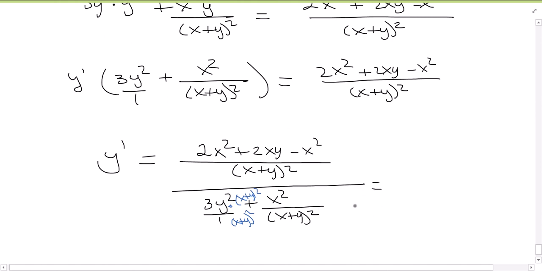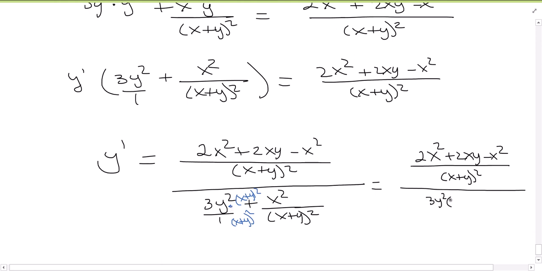So once you have the same denominator, you can cancel them because you'll have 2x squared plus 2xy minus x squared over (x plus y) squared over, and now you would have this 3y squared times (x plus y) squared plus x squared over (x plus y) squared. And now these guys can cancel. If you multiply by the reciprocal, you might be able to see that better, why they cancel.